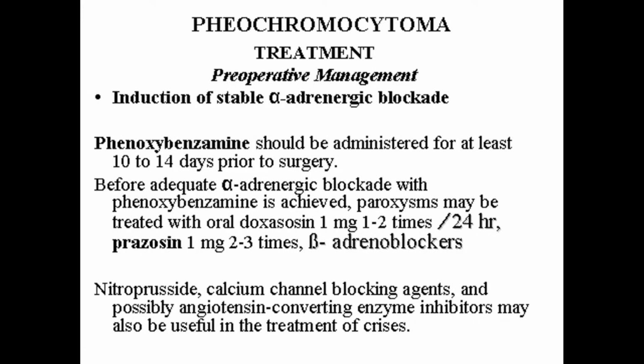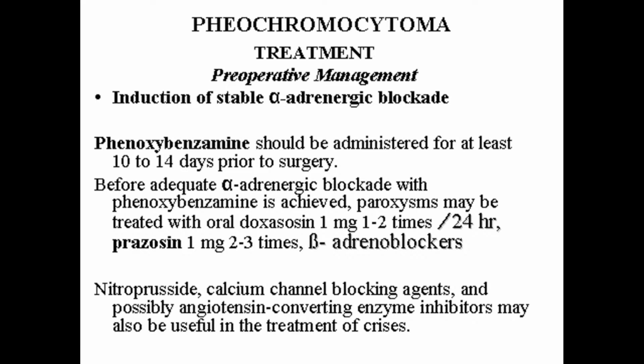What about treatment? In preoperative management of the patient, we have to do induction of stable alpha-adrenergic blockade. So the drugs of the first choice are alpha-adrenergic blockers. Before surgery, phenoxybenzamine should be administered for at least 10 to 14 days prior to surgery.